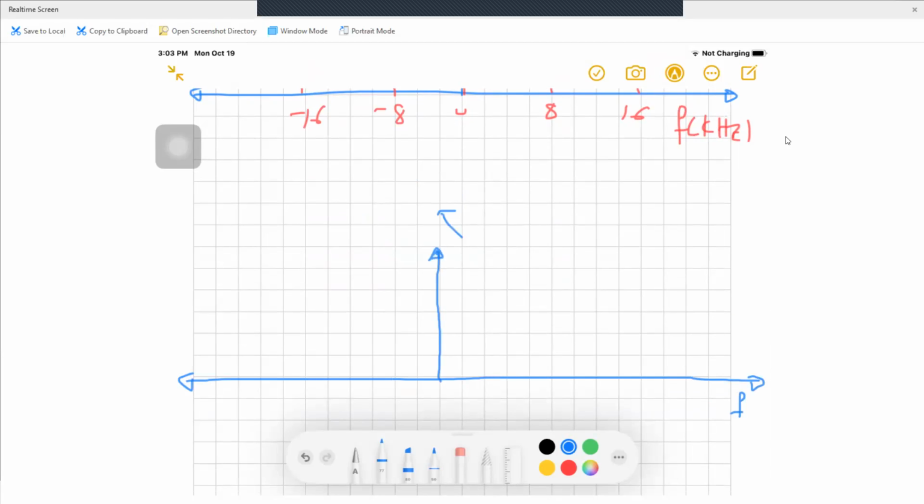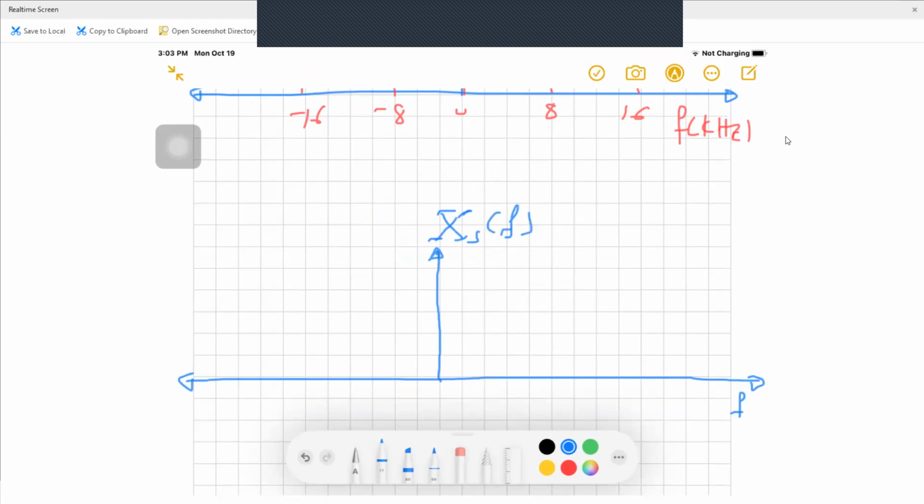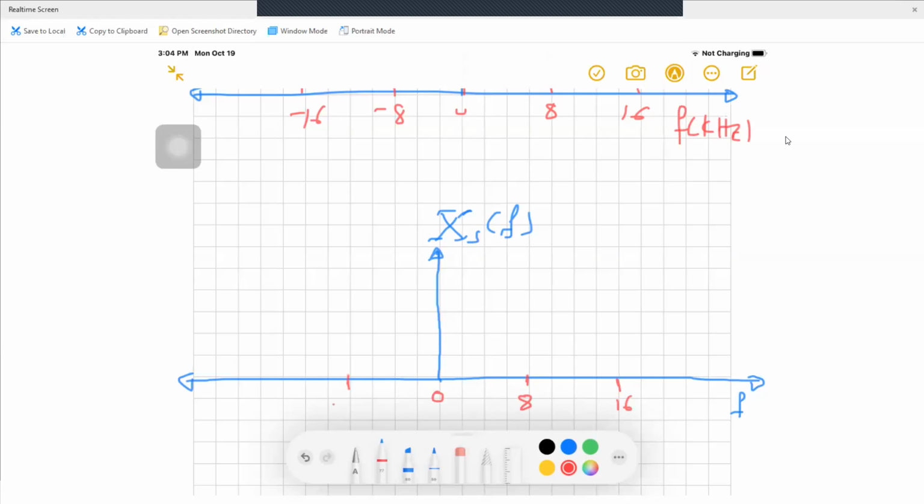This will be X capital S of F, the sampled function. We need to put ticks for 0, 8 kilo and 16 kilo, minus 8 and minus 16.